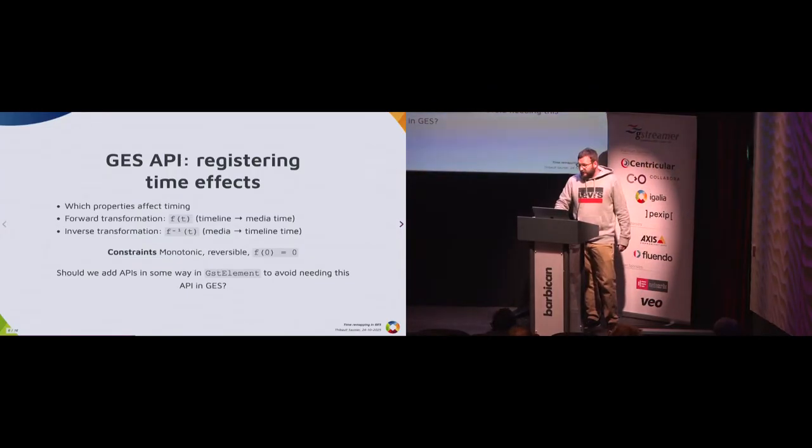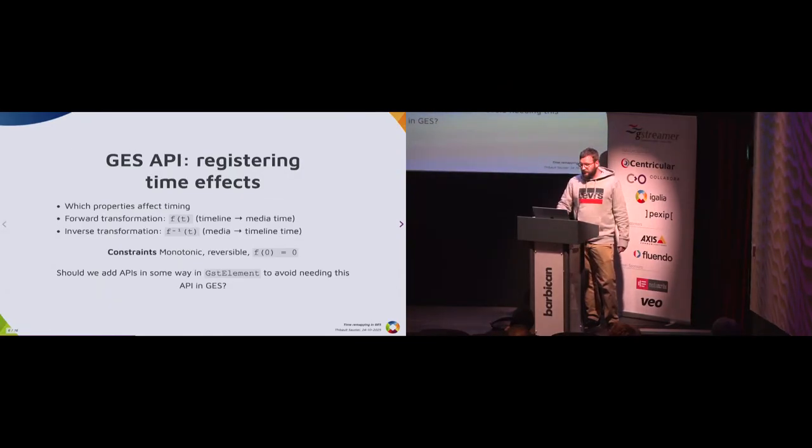There are a few constraints with the current system to ensure that everything works correctly. The functions must be monotonic. The rate conversion function must be monotonic, reversible, and zero at origin. In practice, we don't really have use cases where that is limiting. Right now, videorate and pitch implement constant rate transformation, and are registered as such in GES itself.